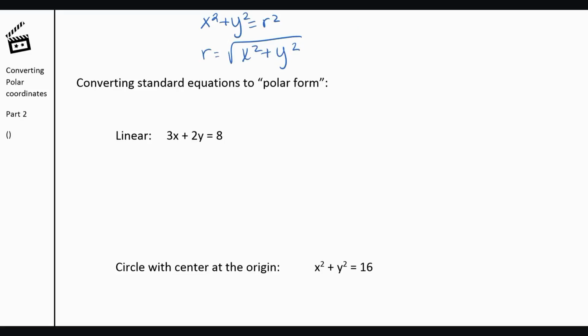And then we also have that cosine of theta equals x over r, which we can write as x equals r cosine of theta, and sine of theta equals y over r, which we can write as y equals r sine of theta.